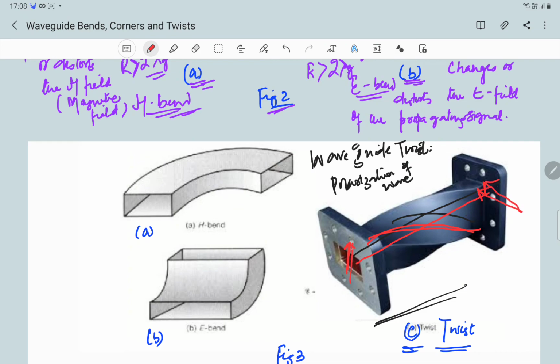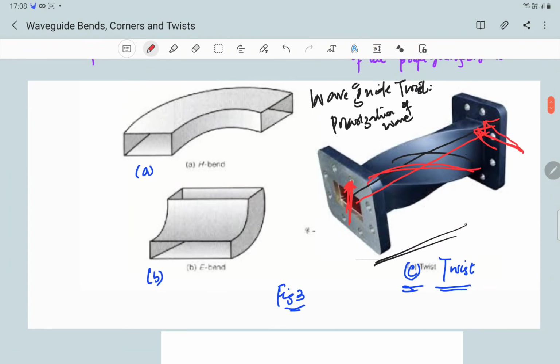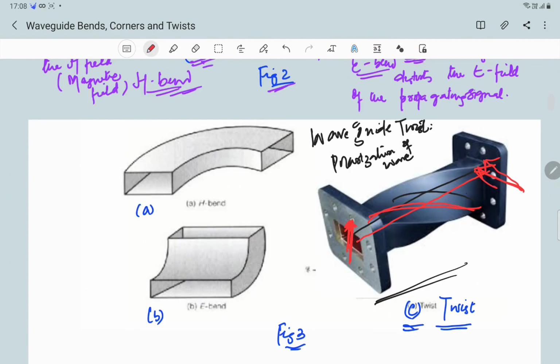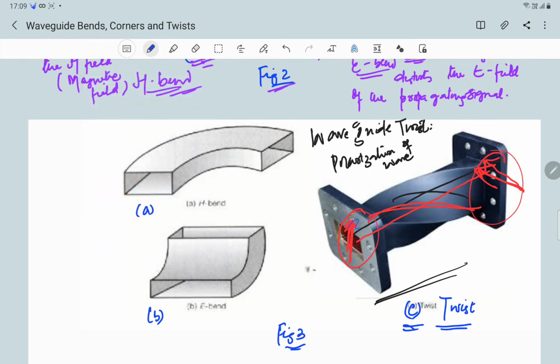So it changes the polarization from vertical to, say, horizontal. There is only one figure for the twist, so I have to explain it from this figure only. If this is the cross section here, the cross section is like this.